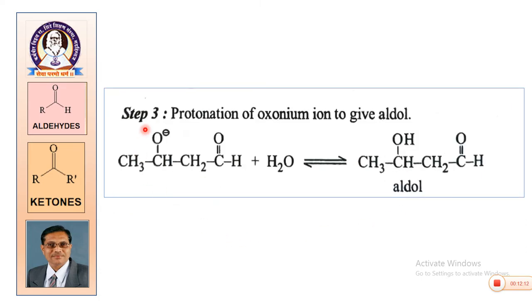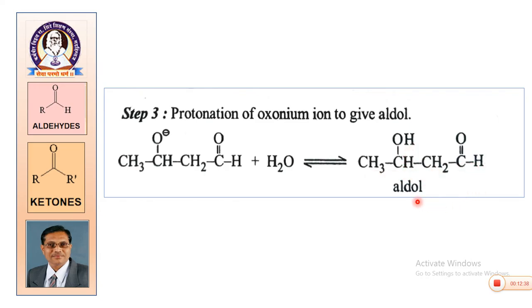Now, in the third step, the anion has to be protonated, protonation of the oxonium ion to give aldol. In this step the medium is aqueous, so protonation takes place, and OH minus ion is regenerated, which is used in the earlier steps. So, we get CH3CHOHCH2CHO.